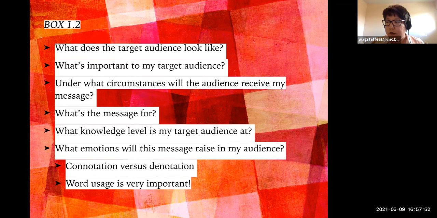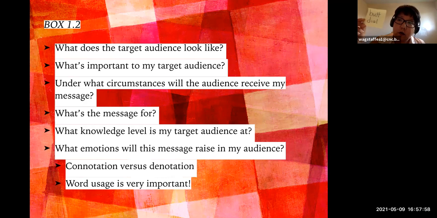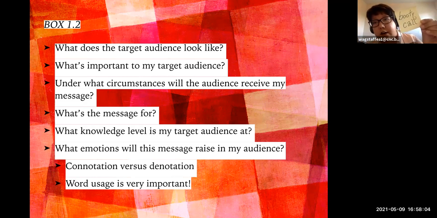For those of you who do not know what the difference is, a butt dial is when you are sitting on your phone and you accidentally call somebody. A booty call is when you are trying to have sex with somebody and you call them specifically for that purpose. You do not want to get these two things mixed up.